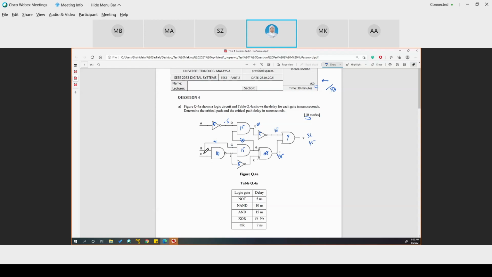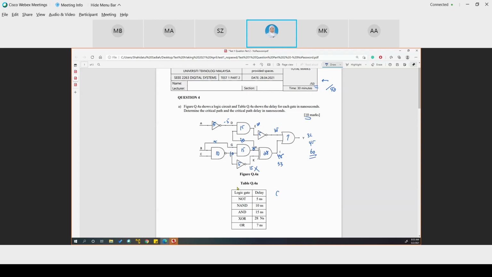If we go B, J, H, I, that will be 10, here is 25, 25 plus 28 is 53, and 53 plus 7 is 60. The longest so far. And if we choose C, 10, 15, 28 is obviously less. So the longest is 60.